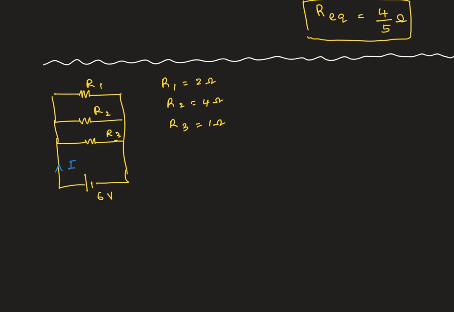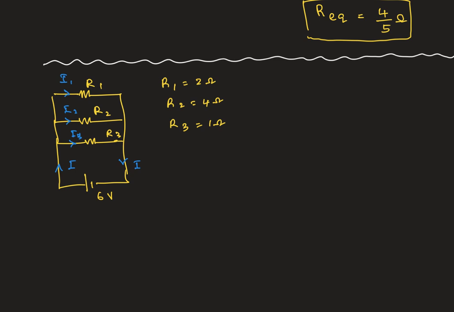Each branch has a different current in this setup, right? So I'll call it I3, I2, and I1, consistent with the resistance numbering.